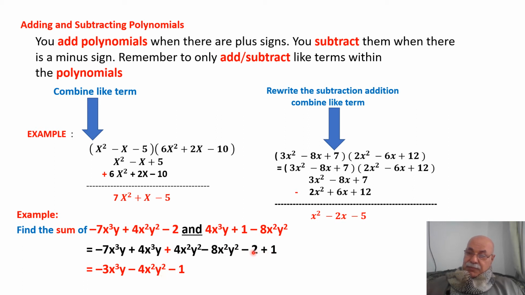Minus 2 plus 1 is minus 1, because minus with plus becomes minus 1. Here 7 minus 4 becomes 3. This one is 8, and 4 minus 8 becomes minus 4. That's why we get this result.